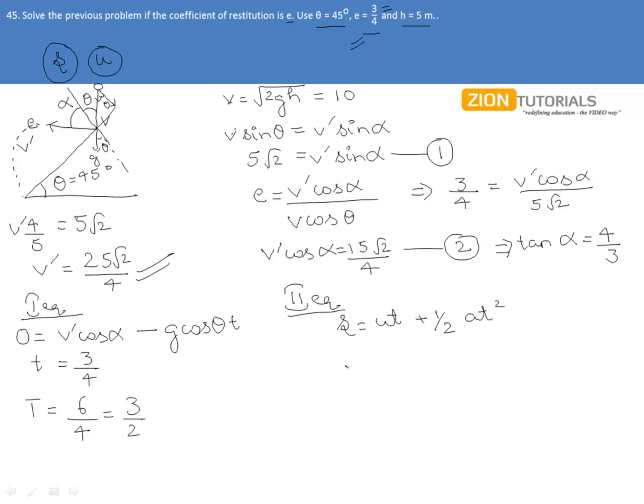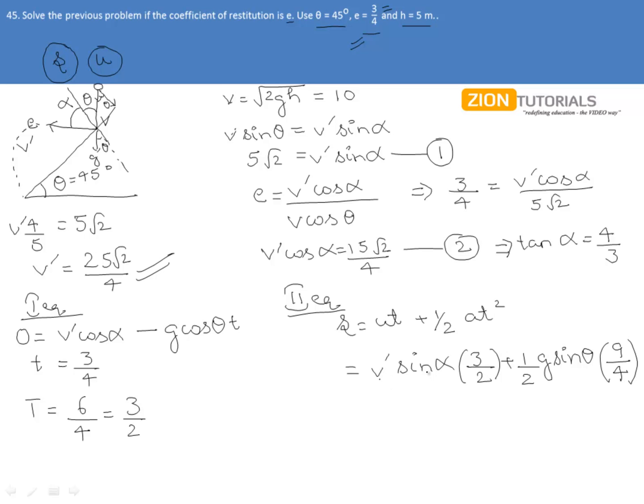Now we need to find the S. U is, since we are employing it along the plane, V dash sine alpha, and the time is 3/2, the time of flight, plus half acceleration, which is g sine theta, and t square, which comes out to be 9/4.